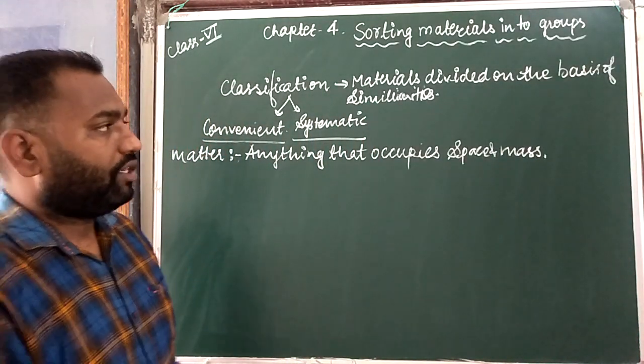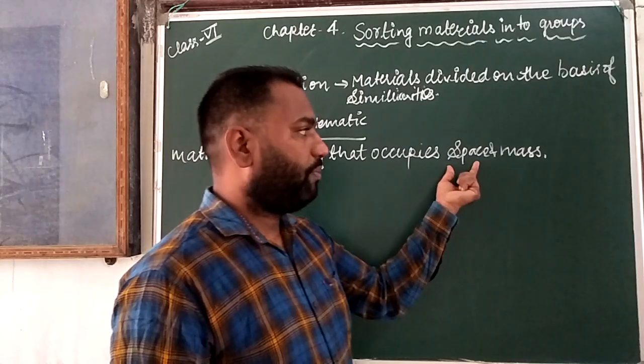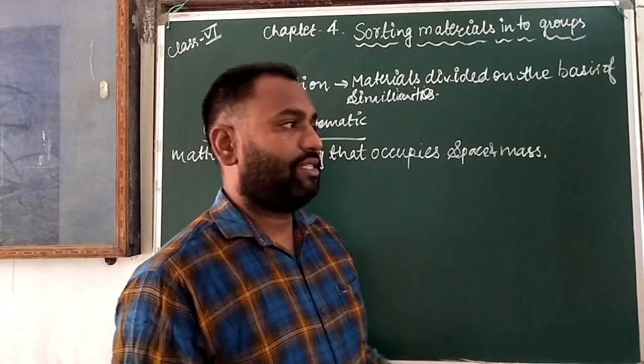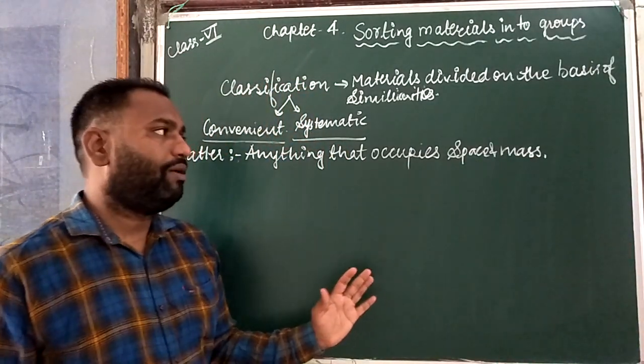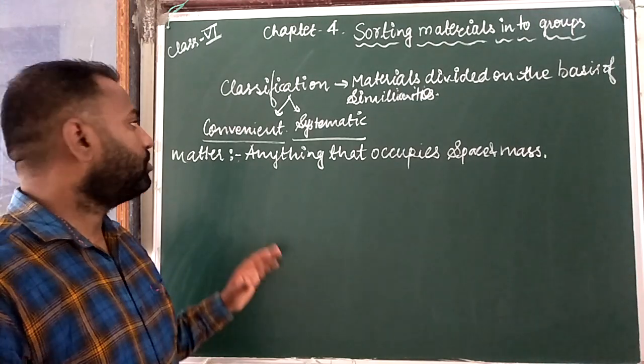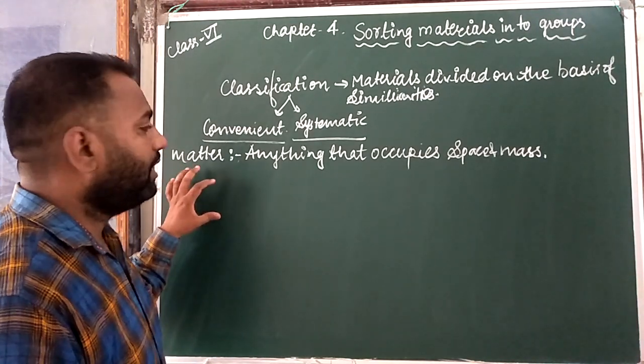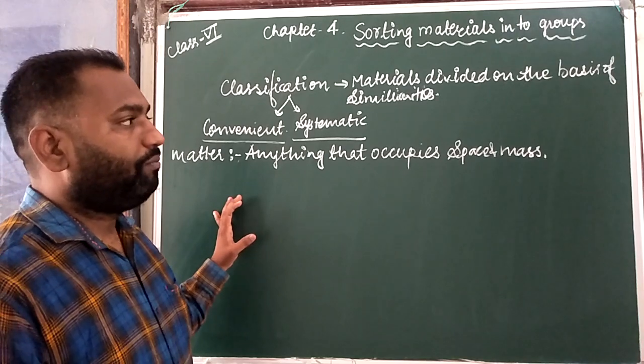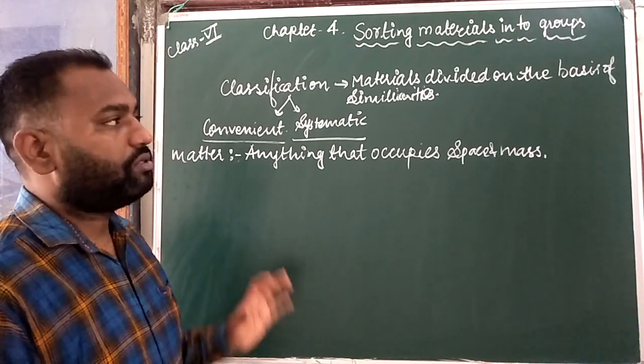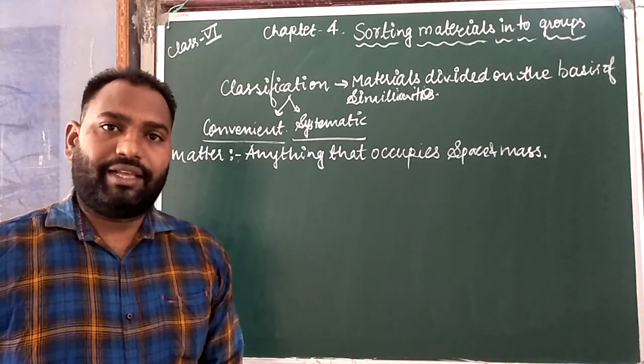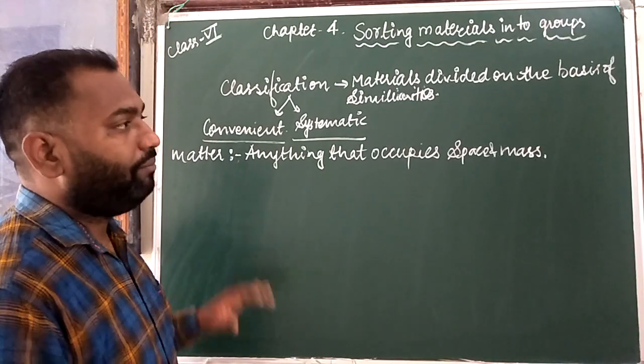It means anything which has some space and has a mass. Even if it is the least mass, no problem, but it has a mass. So everything that is made up of that is matter. An atom is a very small particle and contains very little mass, but it should contain some mass.